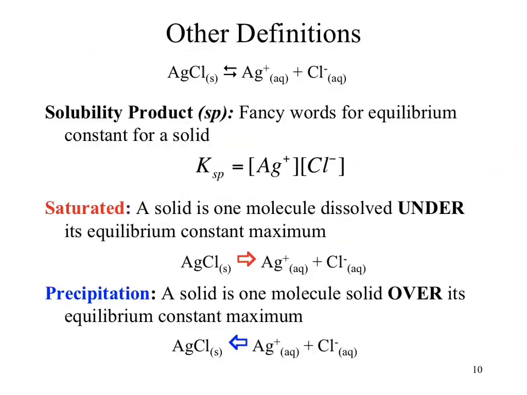If we're being asked to solve for a saturated solution or a precipitation, what are we going to solve for? The equilibrium constant. We go all the way back to the exact same thing. We're only working with the equilibrium constant. If we want to know what concentrations we can get up to before it precipitates, solve for the equilibrium expression. If we want to know what concentration we need to get to for it to all dissolve, what do we solve for?